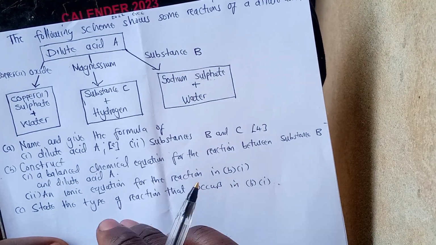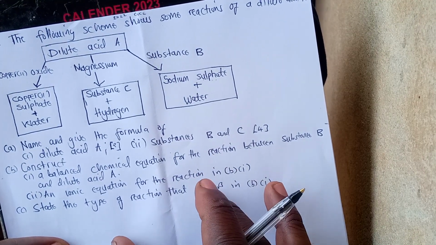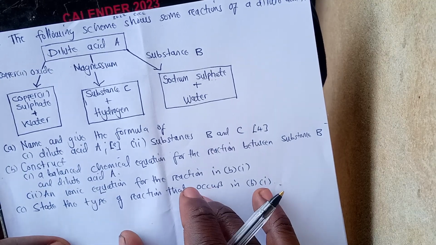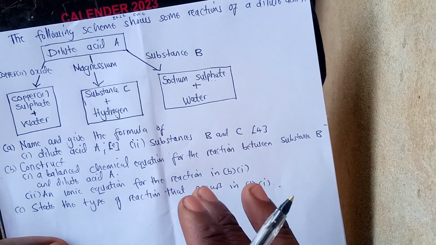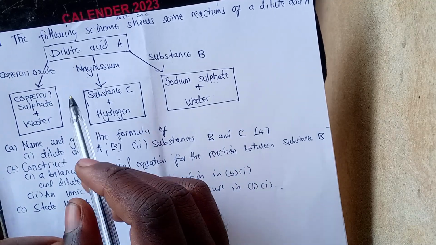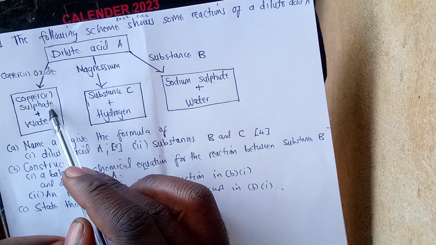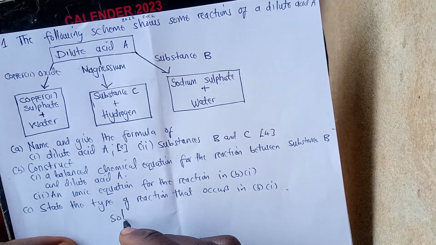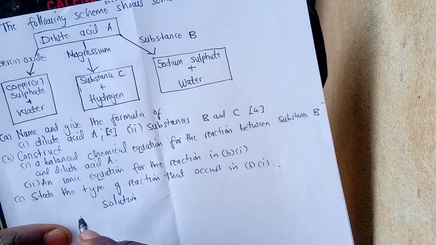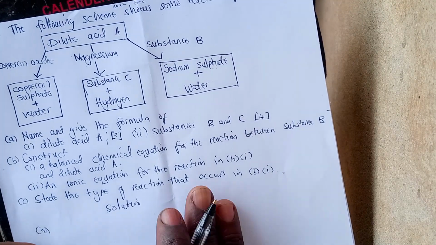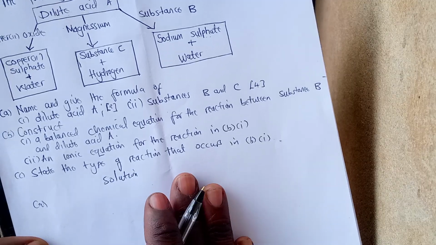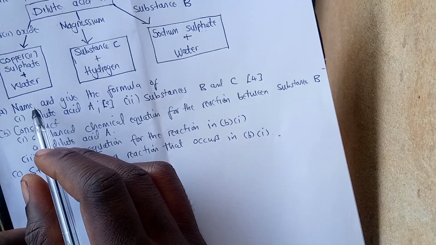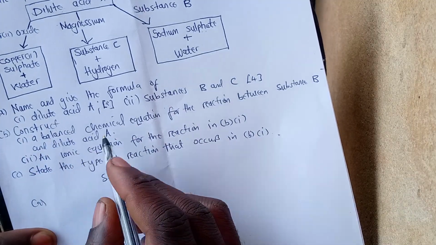Just like from the word nitrate, we know it is a radical. In order for us to form an acid, we can have nitric acid. So just because of this copper 2 sulfate, we are convinced that the acid there was sulfuric acid. So the solution to A1, name and give the formula of dilute acid A, 2 marks.